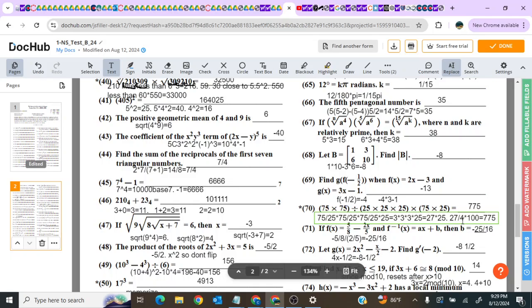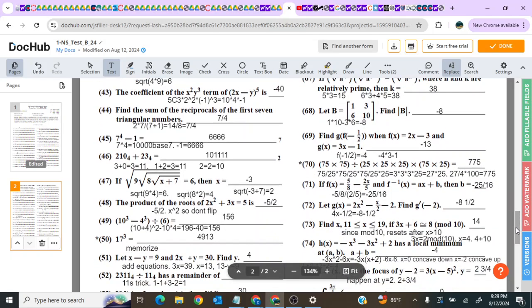If f of x is 5/8 minus 2x over 5, f inverse of x is what? Well, what you do is move this 5/8 over to the left, because you're looking for this b, which means moving this value over here, and then this will be your new y, so you have to multiply by negative 5 over 2 to get to that y.